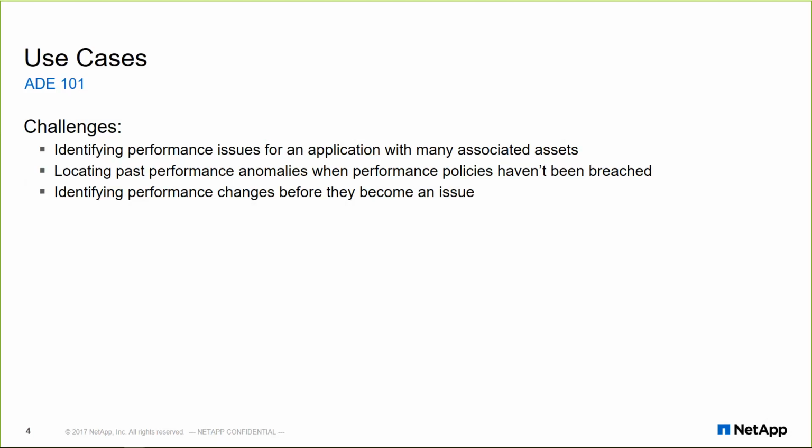Or on the flip side, maybe those performance policies are being set off all the time, but nothing is really happening. One method is to go back to the drawing board on those performance policies, but another is to use anomaly detection to take advantage of machine learning to look for these anomalies. And ideally, that addresses the challenge of how we stop these problems before they become an issue.